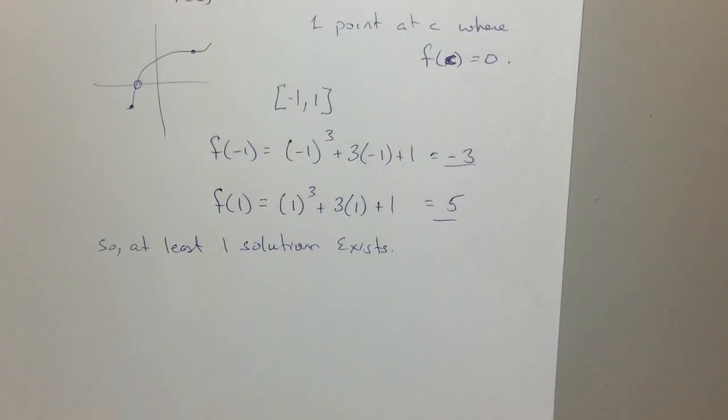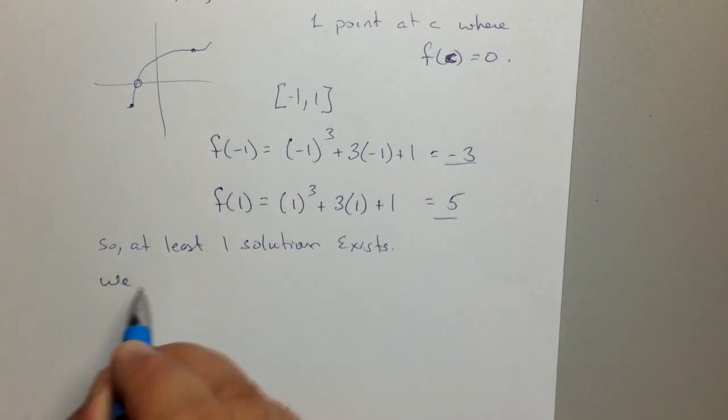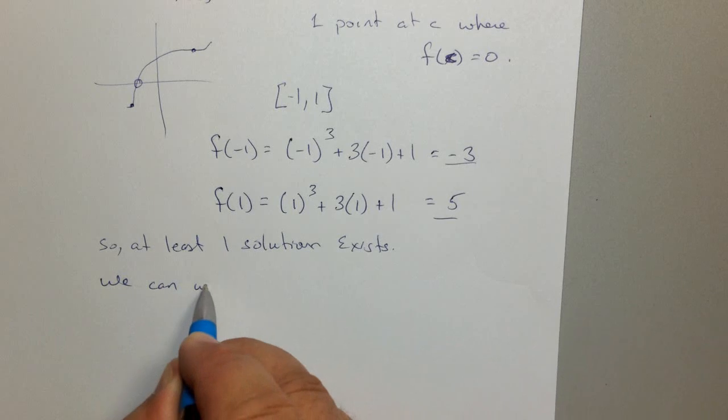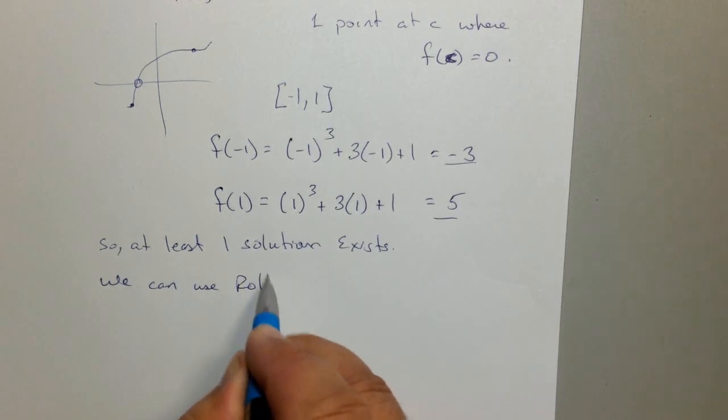How would we check for more than one solution? The derivative finds us the slope of the curve. That finds us a vertex. So we can use Rolle's theorem.